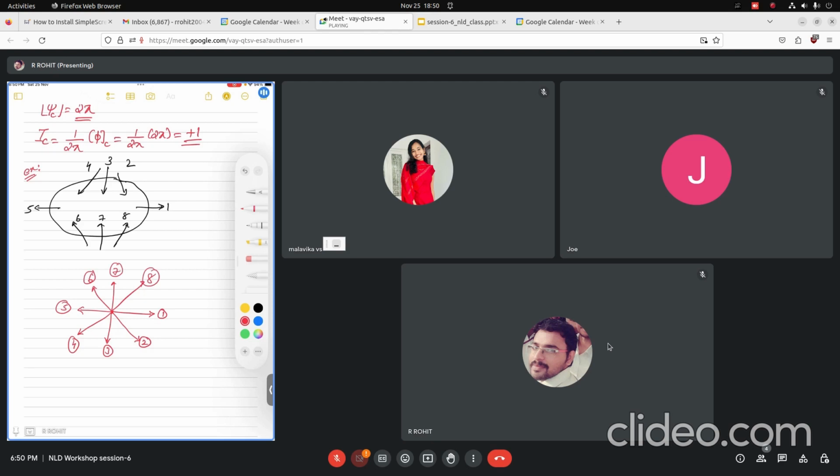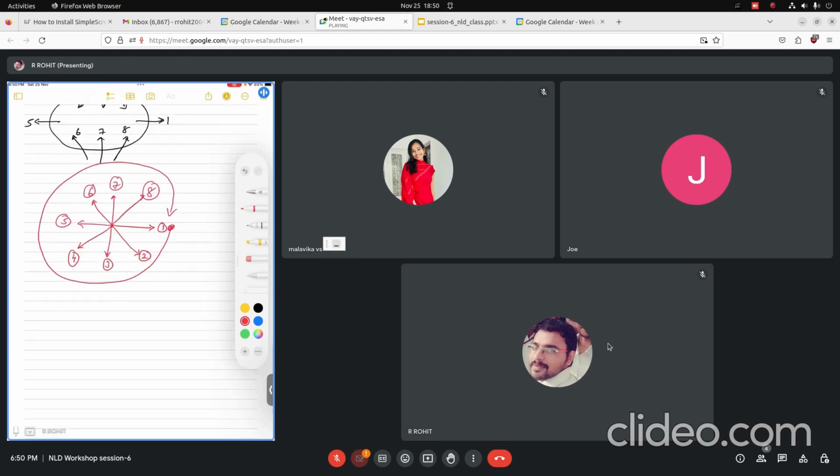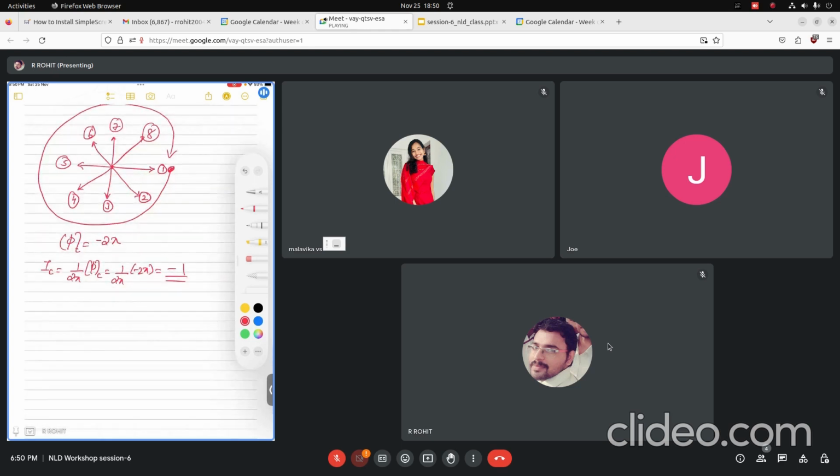Now from 1 to 8 you are going in the clockwise direction. So our phi of C is -2 pi. So your net index is 1 by 2 pi times -2 pi, which is -1. So now you have moved in a clockwise direction. That's why we specifically mentioned +1 and -1.